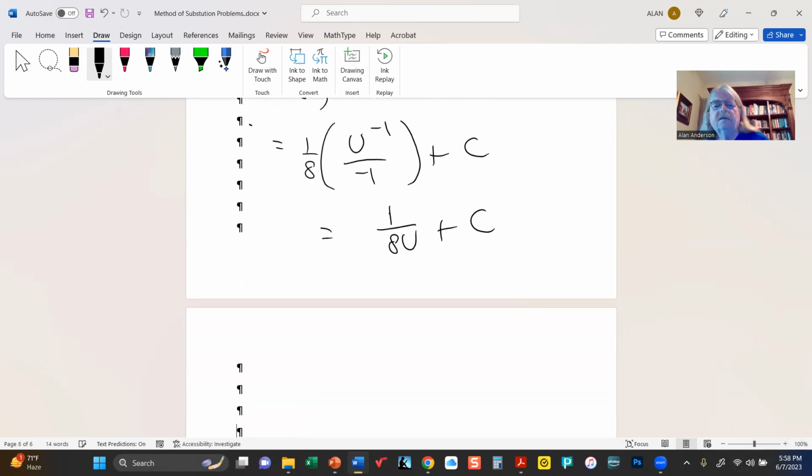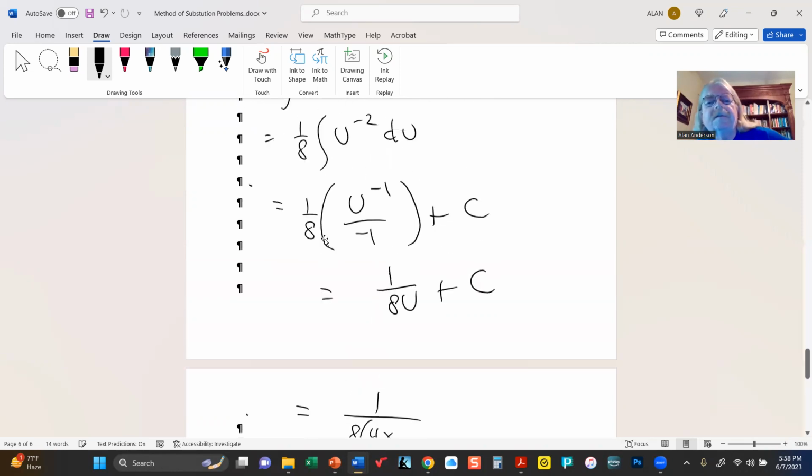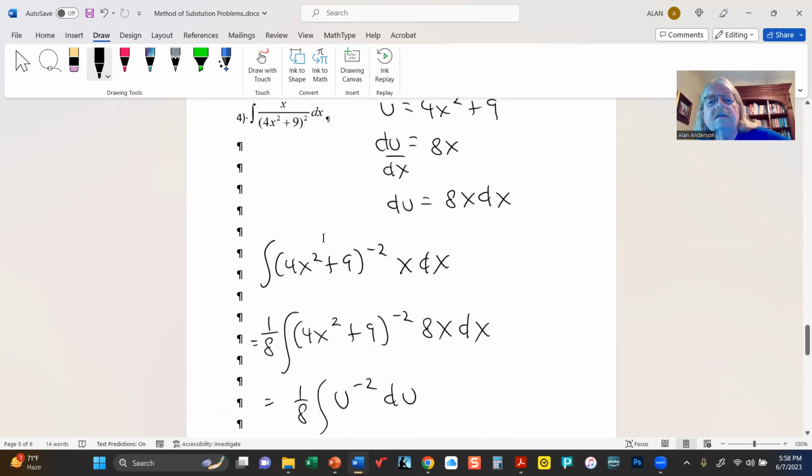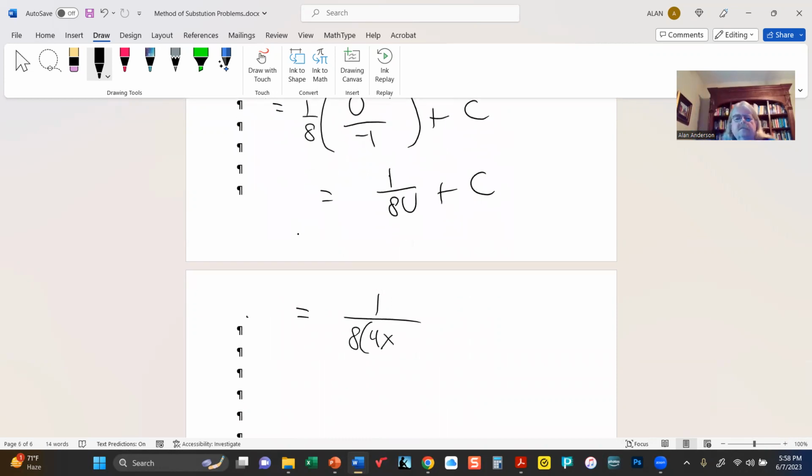And again, u is defined as 4x squared plus 9. And there you go. All right. Let's see what else we have here.